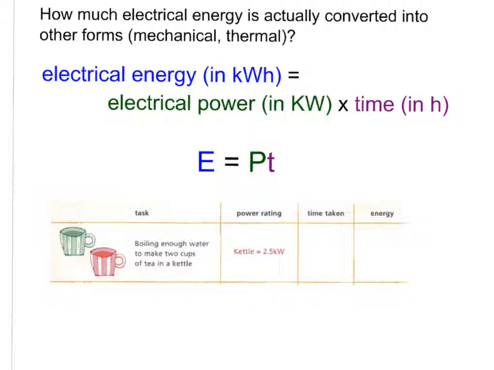Now I have a little electric kettle that I plug in to boil water, and oftentimes kettles have a power rating of 2.5 kilowatts. I don't know the power rating on mine. However, I did do a little test to see how long it would take to boil enough water to make 2 cups of tea in the kettle. And it took me 1.2 minutes.